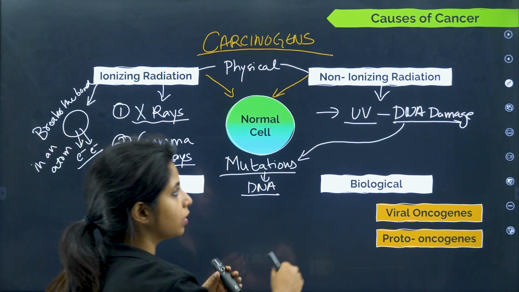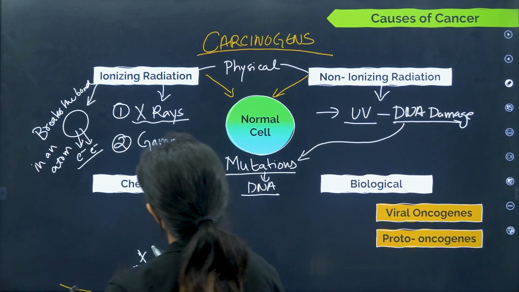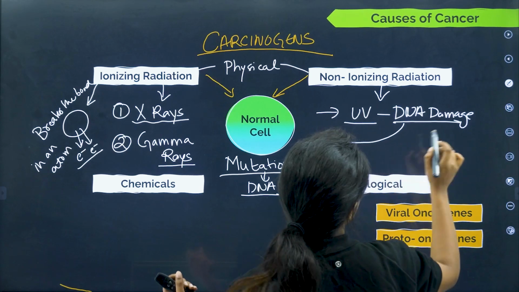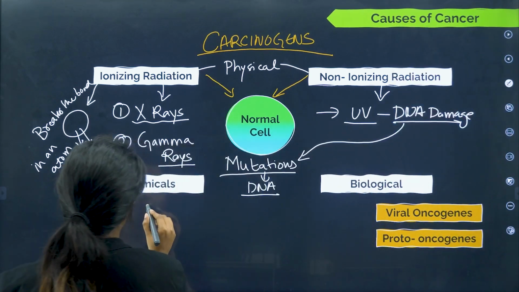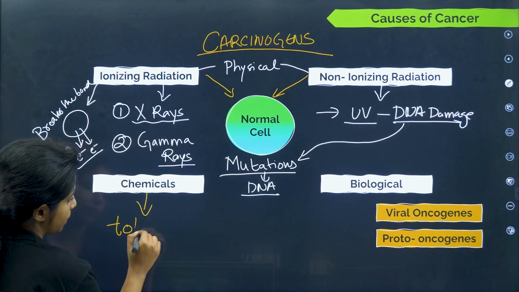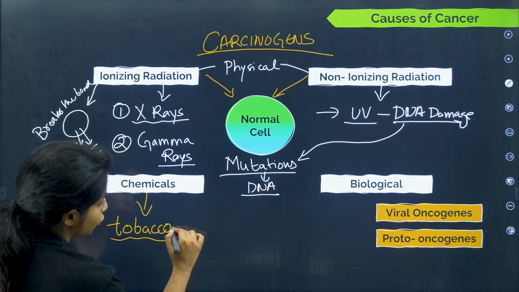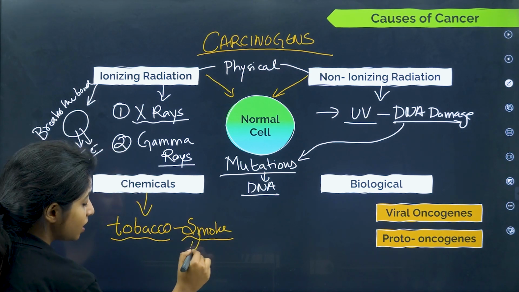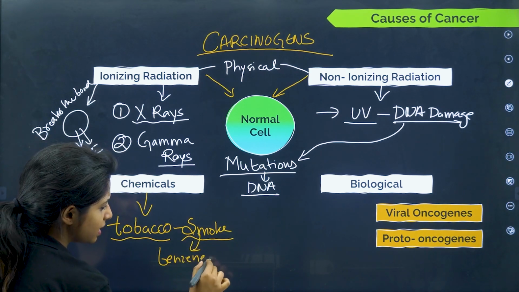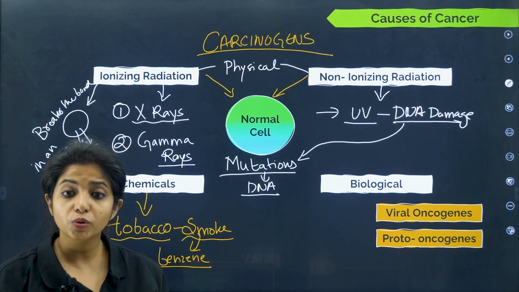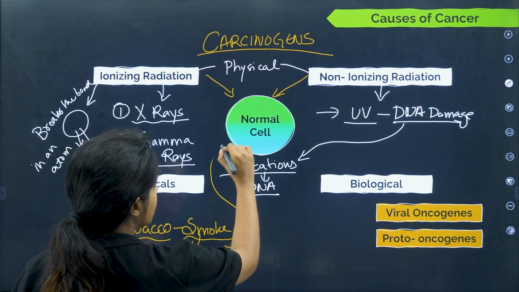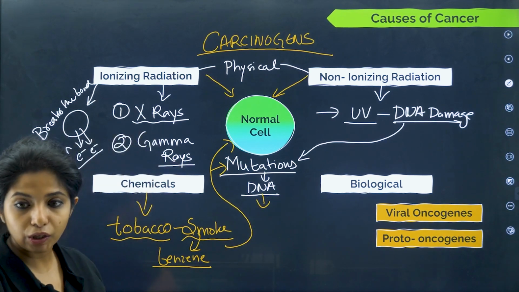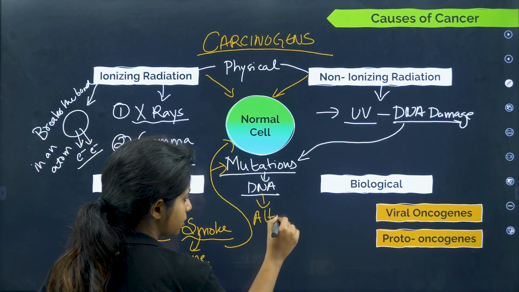How do these chemicals work? When we say that smoking is bad or injurious to health, at the start of every movie it is said that smoking is injurious to health, but still people smoke. Why? Because the tobacco smoke produced during smoking has a lot of benzene and things like that, which is going to affect your normal cells and bring out certain mutations in your DNA such that it could give altered responses.